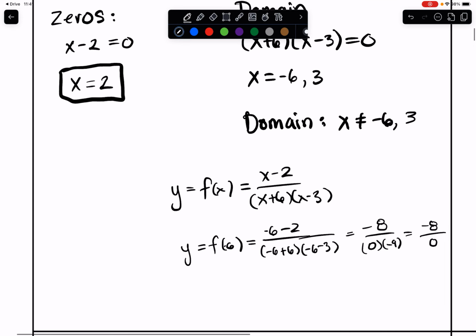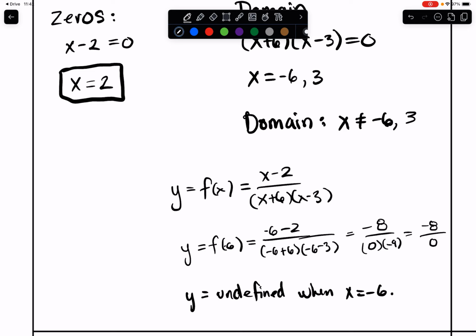And I cannot divide by 0. This is where the problem comes in. Negative 8 divided by 0 is undefined. The y value is undefined when x equals negative 6.